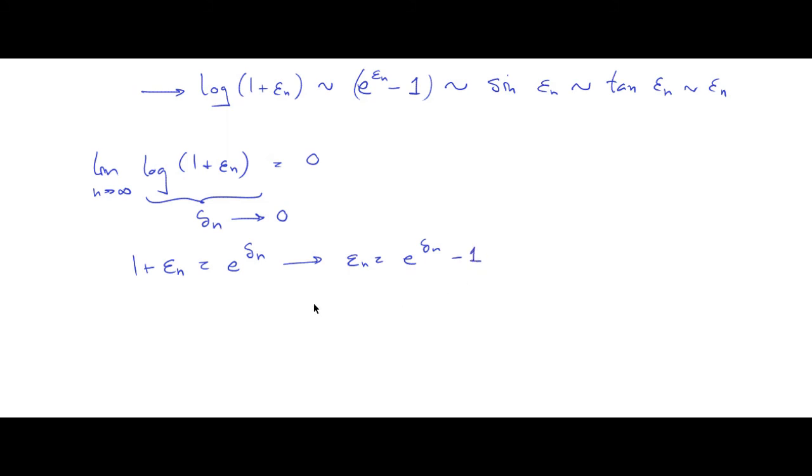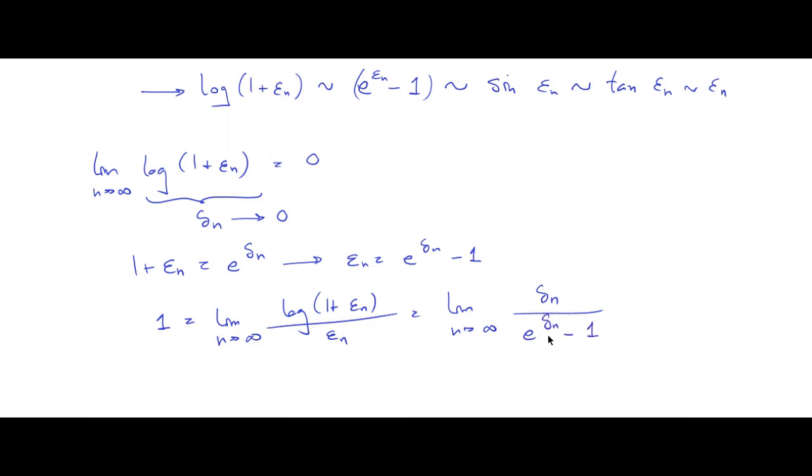Okay, so now, as we had written before, 1 is the limit when n goes to infinity of the logarithm of 1 plus epsilon sub n over epsilon sub n. This is the thing that we just proved, right? But we can write these things now. This is delta sub n, right? And epsilon sub n is e to the delta sub n minus 1. So this thing is 1, which means that e to the delta sub n minus 1 and delta sub n, where delta sub n is a sequence that is going to 0, are asymptotically equivalent.